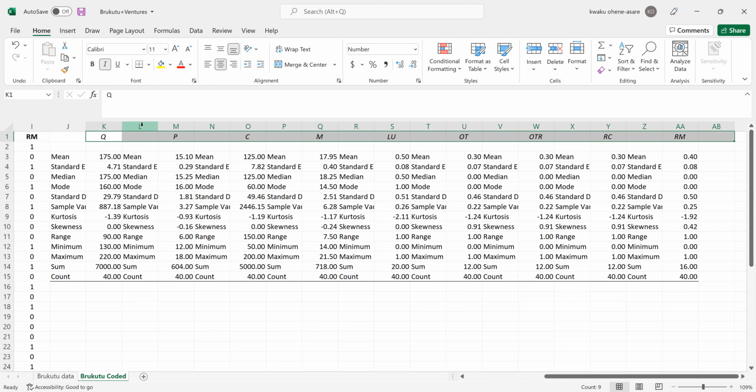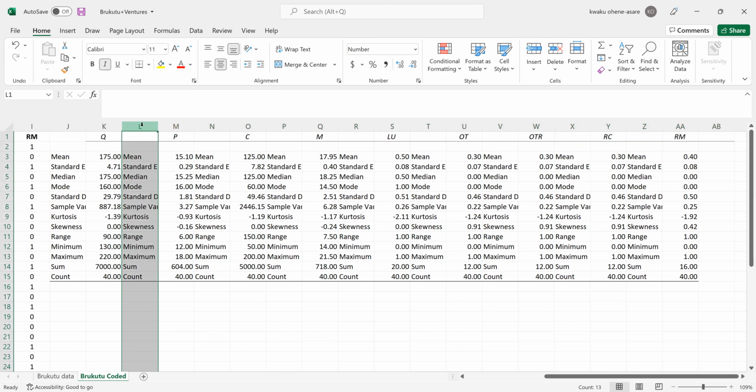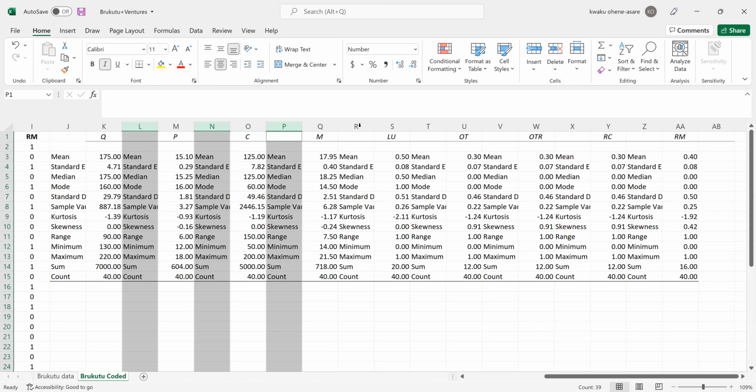And since these things are all plenty, we want to delete some of them. So click on the mean, standard deviation, median. Control, click on the L, well, in my case here, I just want to delete this. So click on the L, Control, click on the N here, keep your hand on Control and click on this and click on the R here.